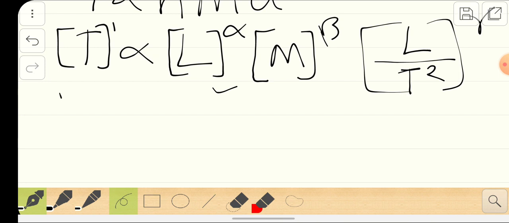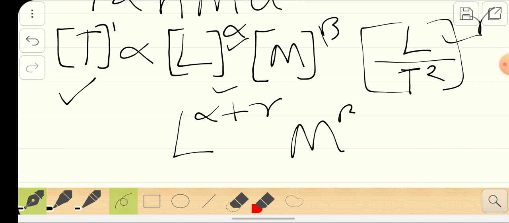On the left side you have t, which has a power of 1, and on the right side you have L, which appears in two terms, so it's alpha plus gamma, right? And m has the power of beta, and t has the power of minus 2 gamma, since it's in the denominator.